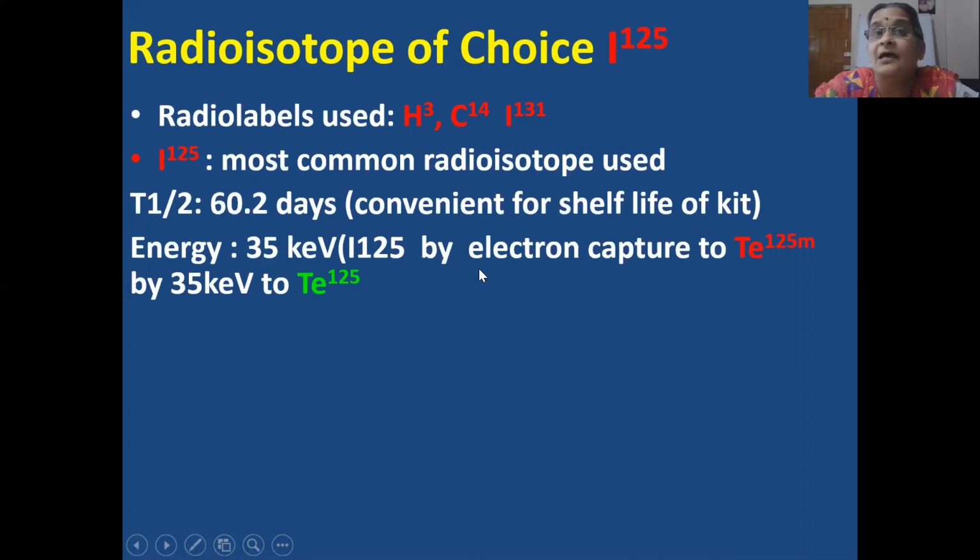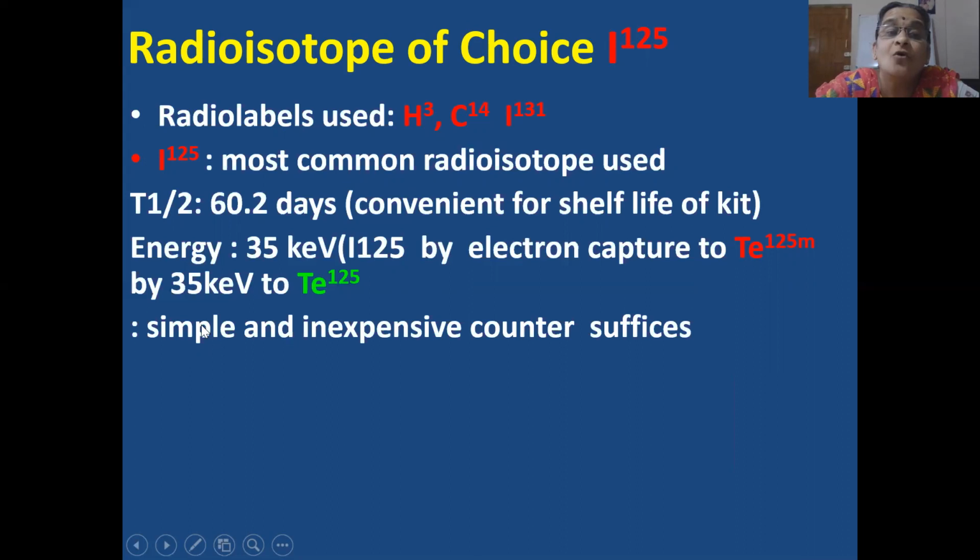Iodine-125 decays by electron capture to tellurium-125 metastable, and that daughter will immediately convert to tellurium-125 by 35 keV gamma emission. So it is as good as iodine-125 emitting 35 keV.